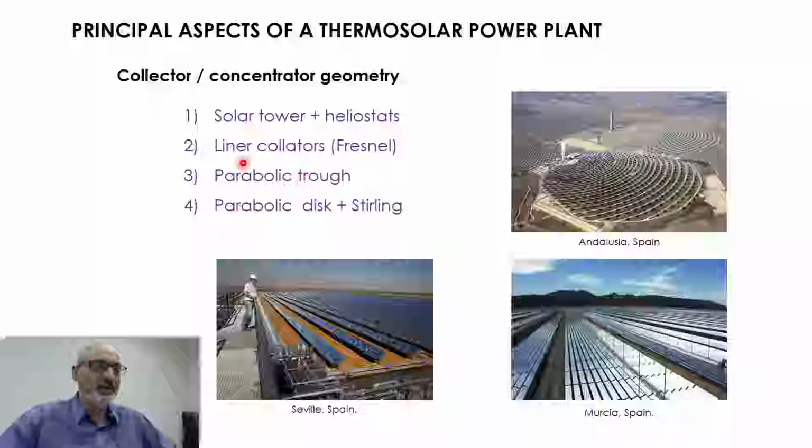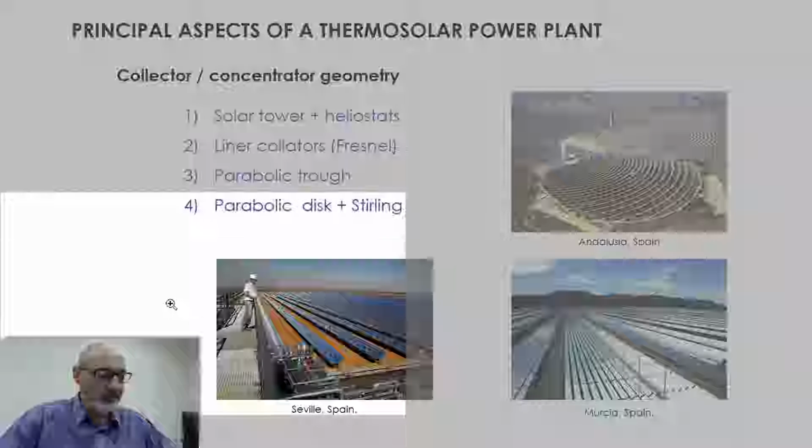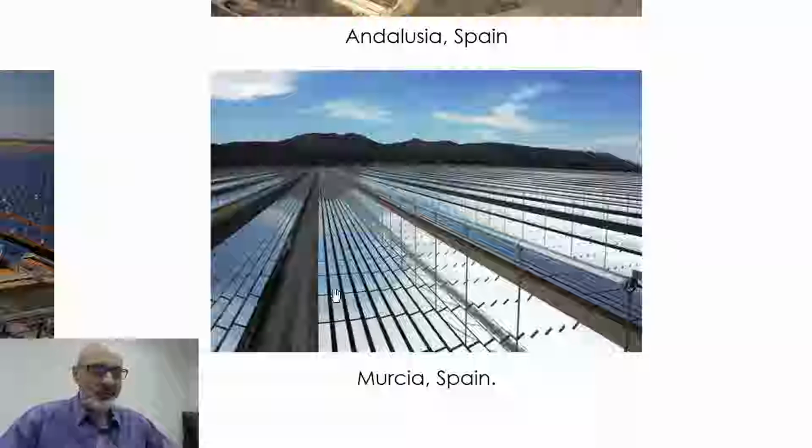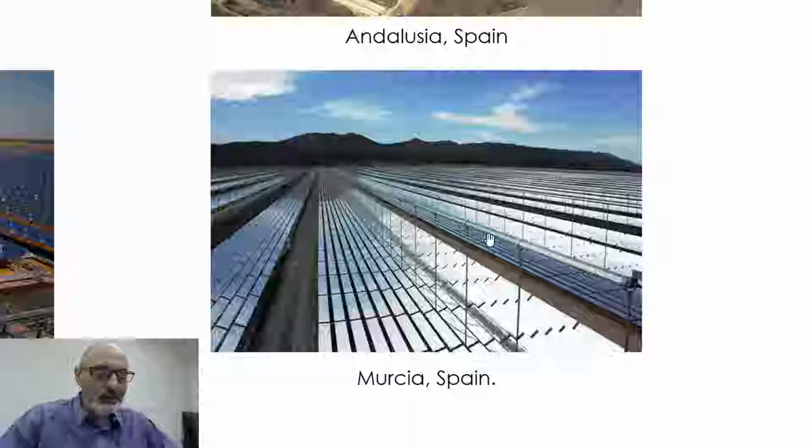Another possible configuration is linear collectors, such as Fresnel lenses, actually, and they are composed of a series of, again, flat mirrors, but they move individually in order to concentrate the sun's energy on this line.